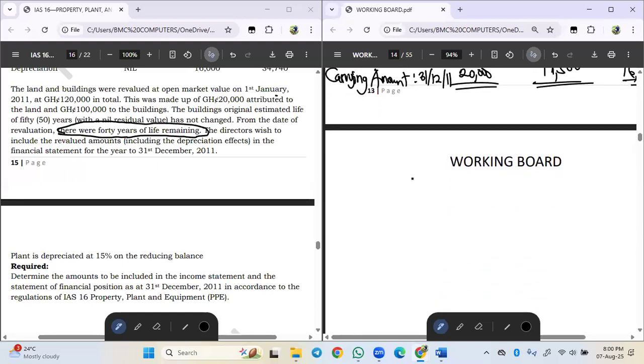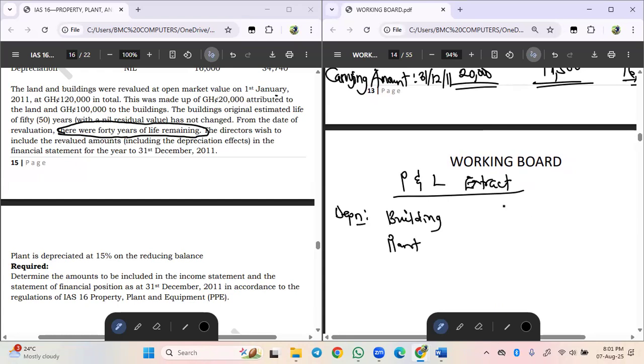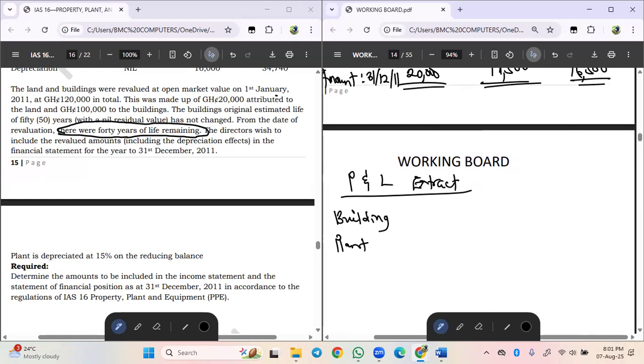let me prepare the extracts. So the P&L extracts. Okay, so depreciation. So we have building, we have plant. Building is 2,500 negative. Plant is 13,500 negative.